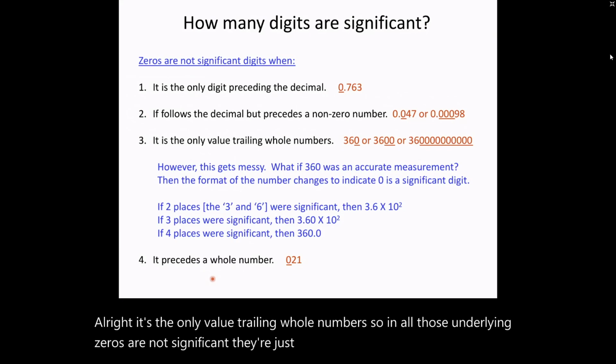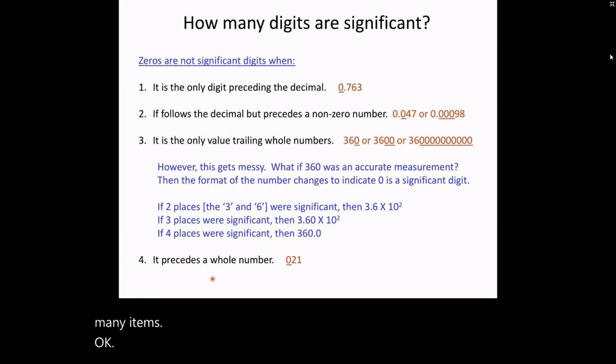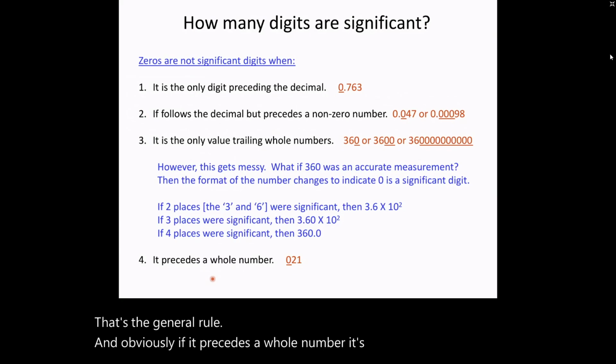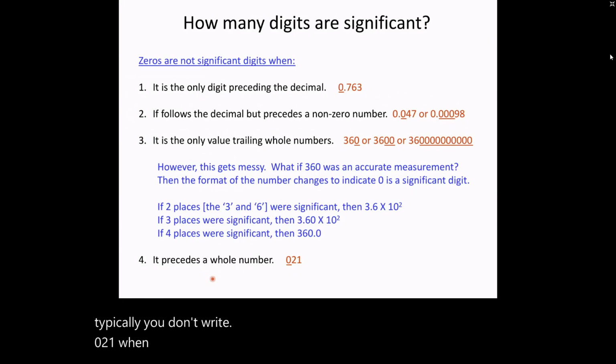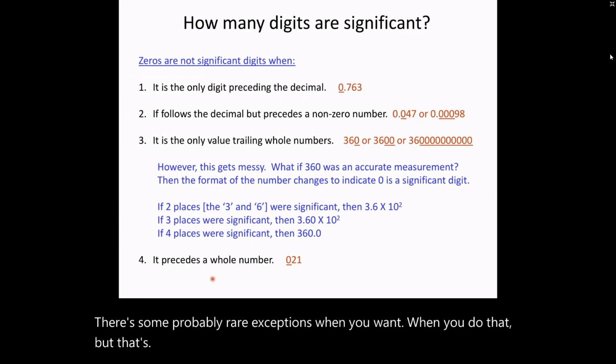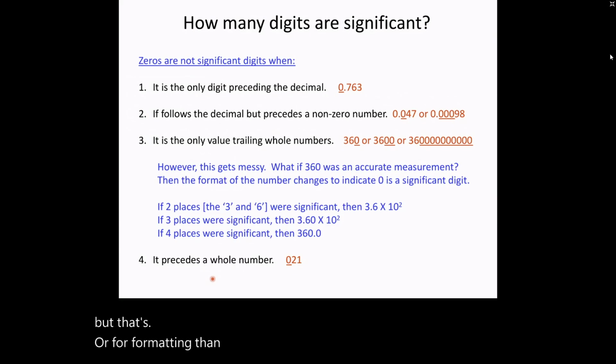Now, that's the general rule. And obviously, if it precedes a whole number, it's not significant, but typically you don't write 021 when you're talking about 21 pine trees. There's probably some rare exceptions when you do that, but that's more for formatting than anything else. So we're not going to. Number 4 is a no-brainer.